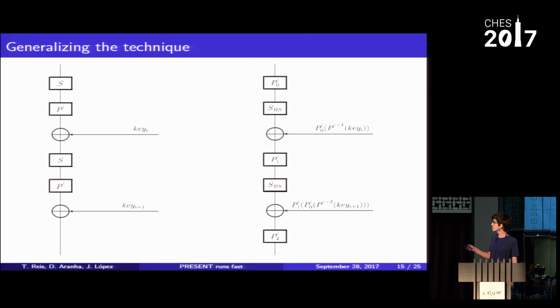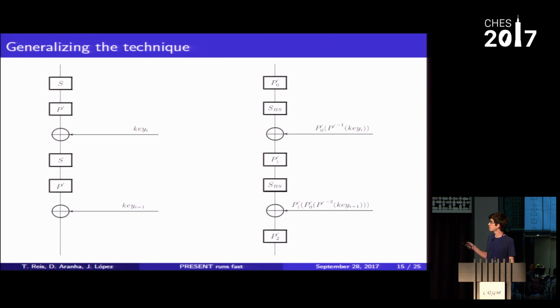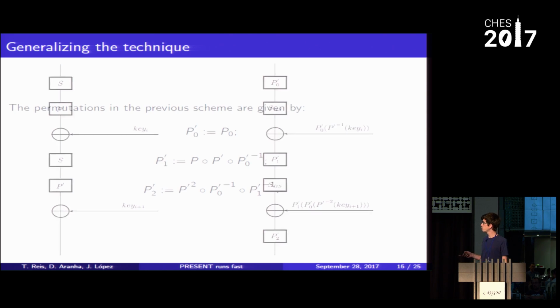But notice that this is not an extra permutation when you're actually running the algorithm, because when you repeat this block several times, what you actually compute is a composition between P2 prime and P0 prime, so it ends up being only one permutation again. So every 2 rounds, we have to compute 2 permutations. Here is a description of how you can generate these permutations, P0, P1, and P2.